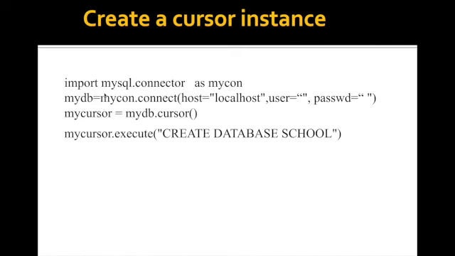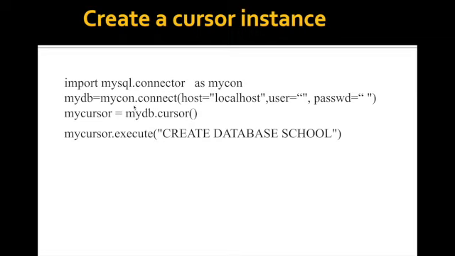So how we can create a cursor instance and how to execute a query, all those steps are given in this program. First import the package, then use the connect function for connection with the database, then create the cursor object using the cursor function.